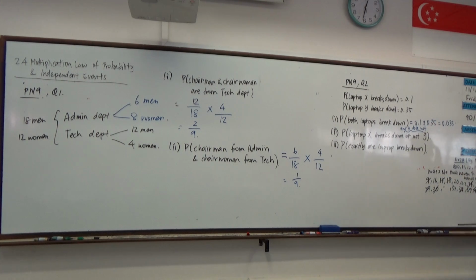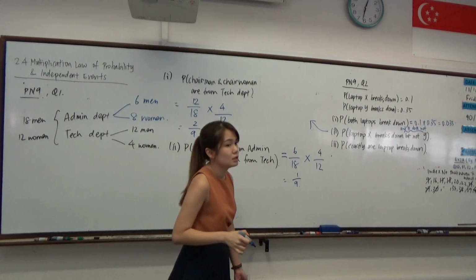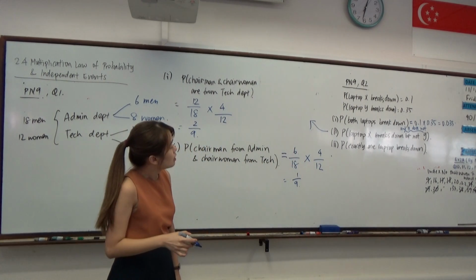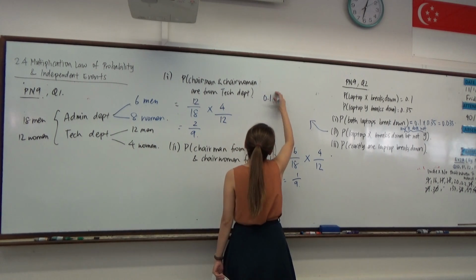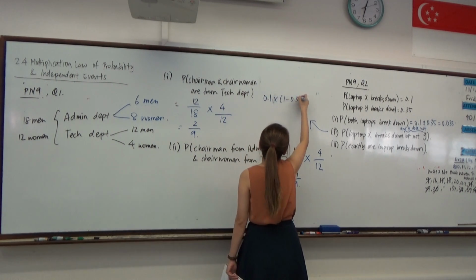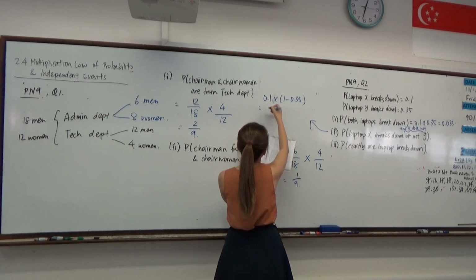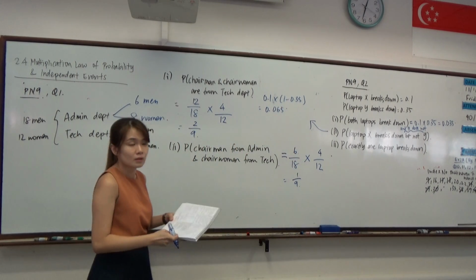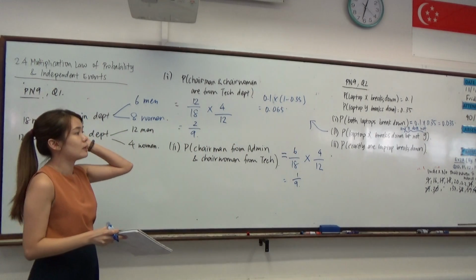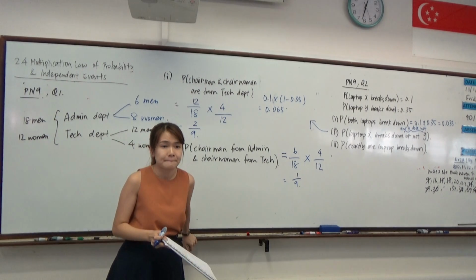So in this case, how would we calculate the probability? 0.1 times bracket 1 minus 0.35. 0.1 times 1 minus 0.35, and that will give you 0.065. We need to do 1 minus 0.35 to find out what's the probability that laptop Y does not break down.